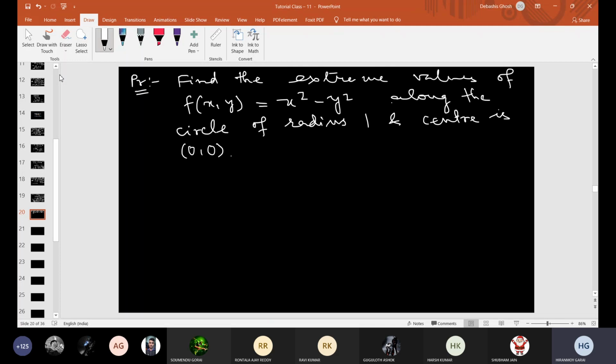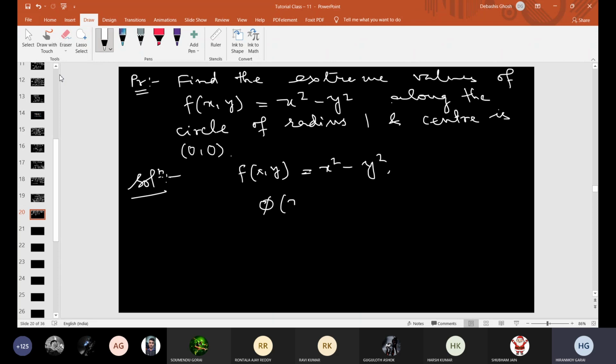So again we consider this by Lagrange's method. Here f of xy is x square minus y square, and under the restriction, the points we are taking for finding its extremum value is phi xy, of your circle.